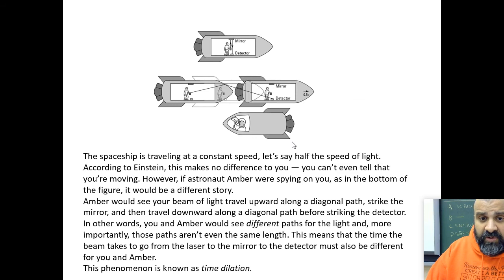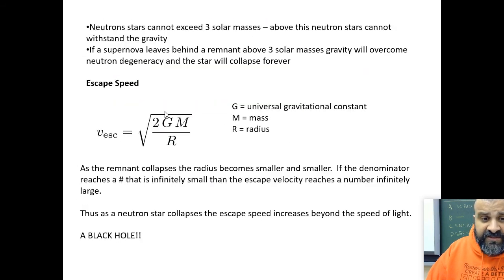I need you to know what it is, why it forms, and you should be able to comment on this equation, okay? That as the radius gets infinitely small, the escape velocity gets infinitely large, right? That's the main idea. If a denominator becomes infinitely small, the number becomes infinitely large.